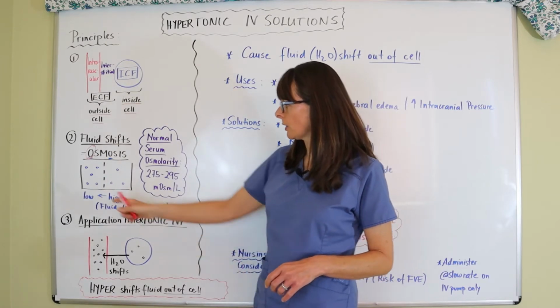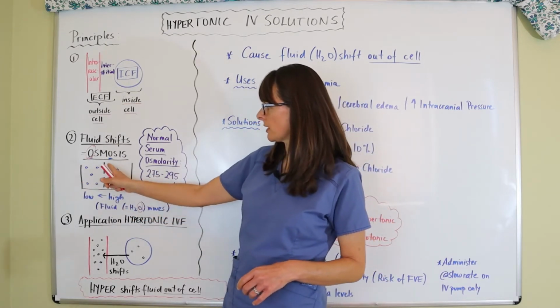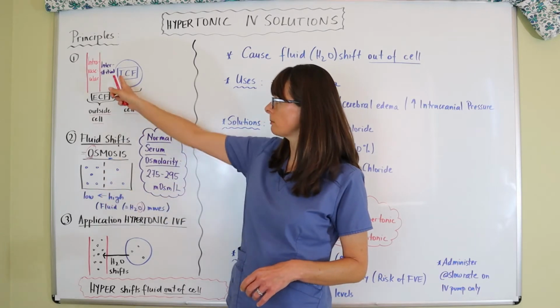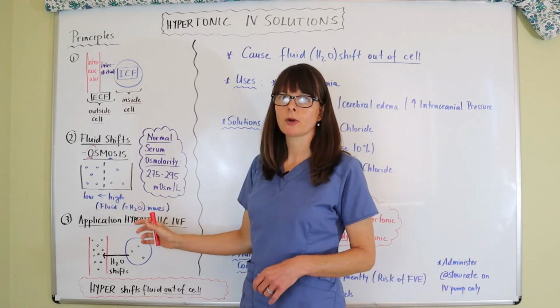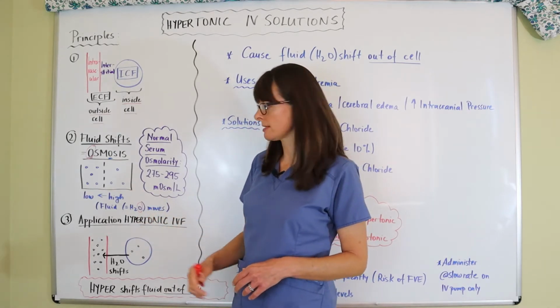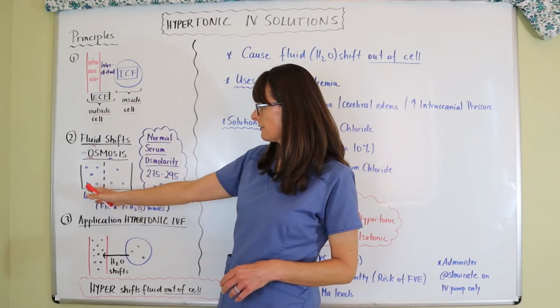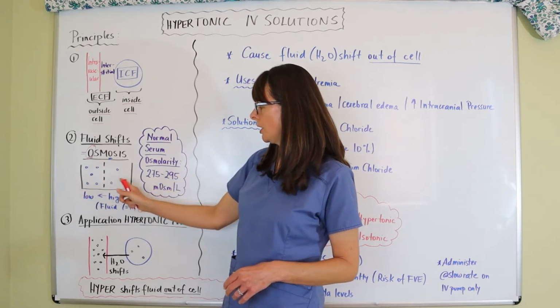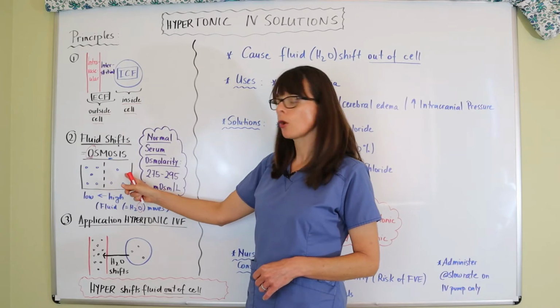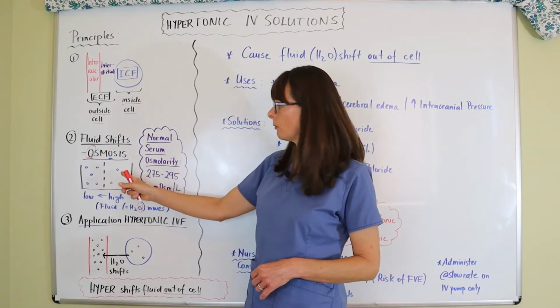If we look at this in a beaker with a semi-permeable membrane that basically represents the cell membrane, our body always strives for equilibrium, for homeostasis. In this case, on the left side we have a higher concentration of particles and less water, and on the right side we have a lower concentration of particles and more water.